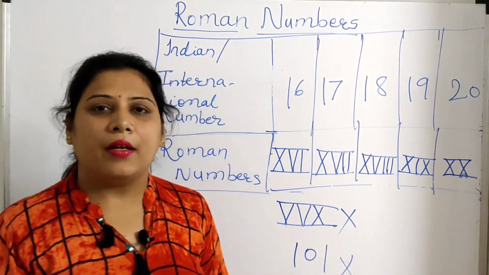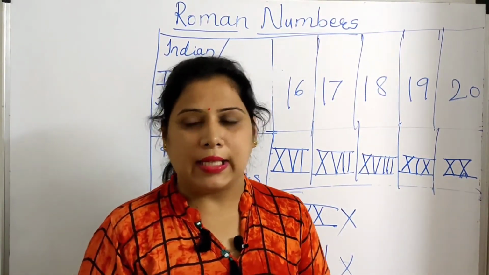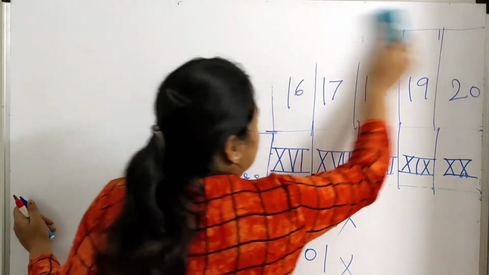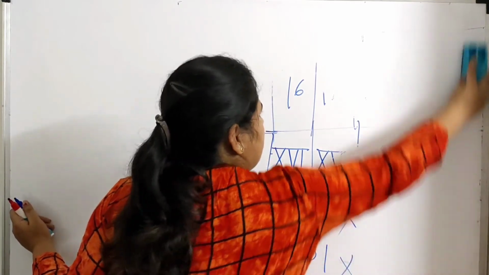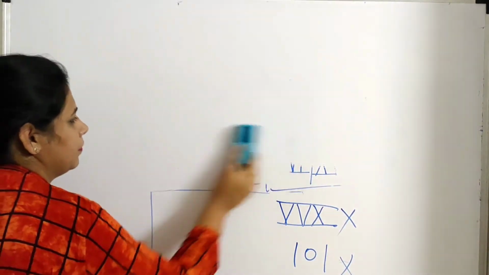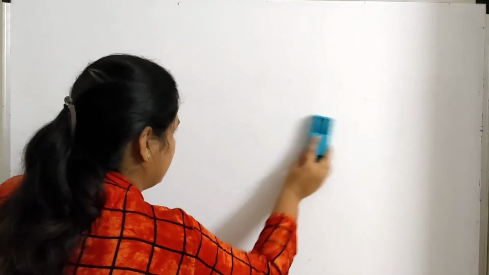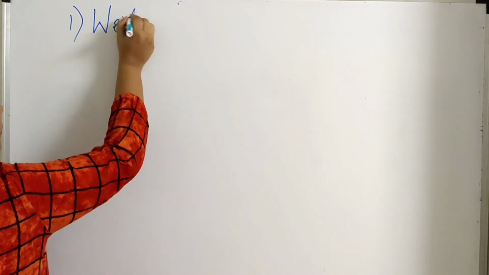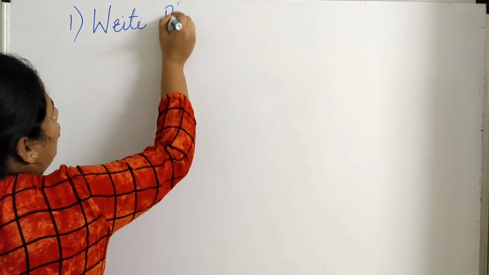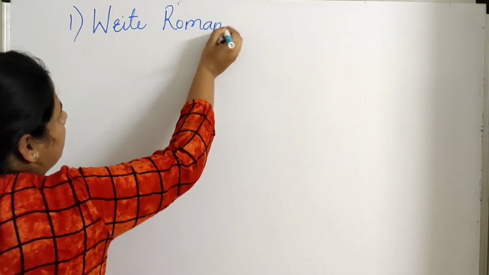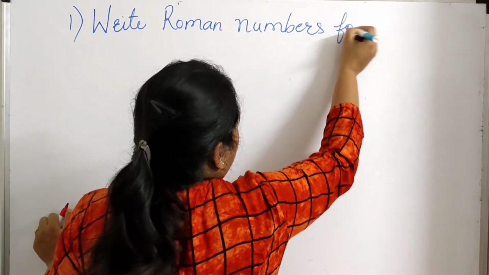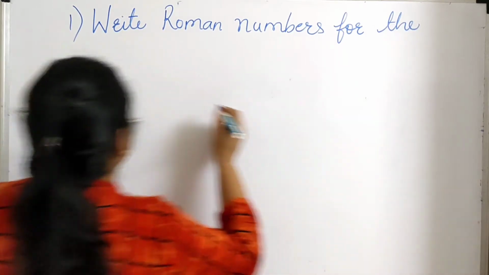Okay, on the basis of that, here is the time to solve some exercises. Write Roman numbers for the following.